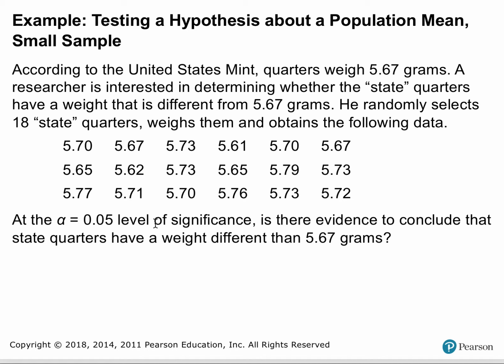I'm just entering these in my calculator list. And if I look at that last one, it tells me that's my 18th value. So that helps me realize that I should have entered all of my values.